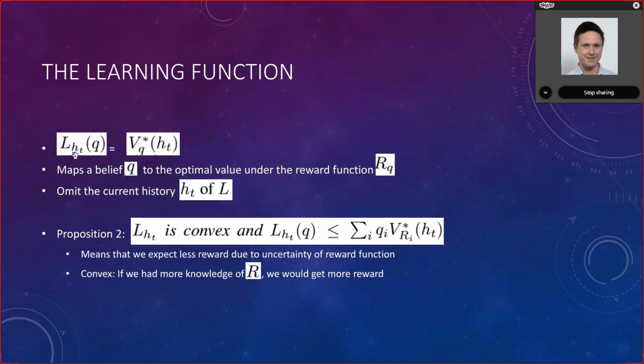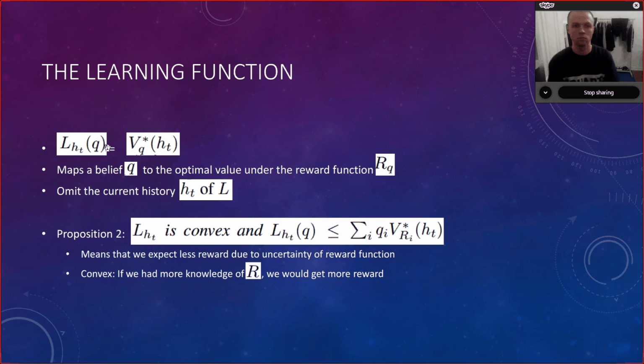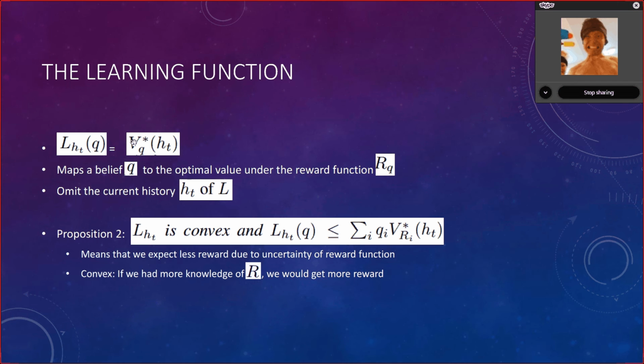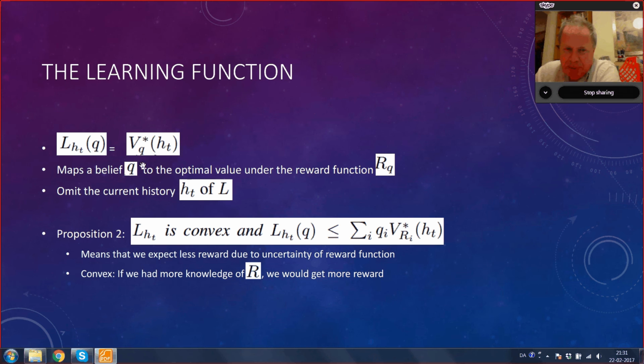The history was the combination of actions and observations that we got, and the learning function for this Q, our belief, is a shorthand for the optimal solution we would get if we had the optimal solution according to our belief with this history.